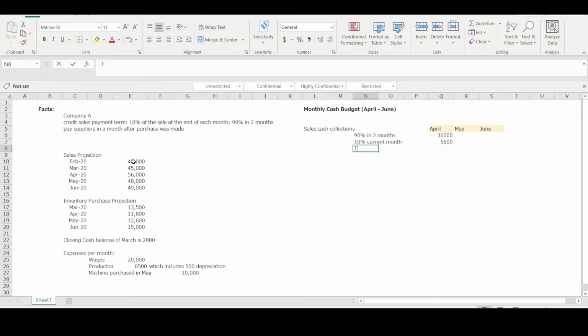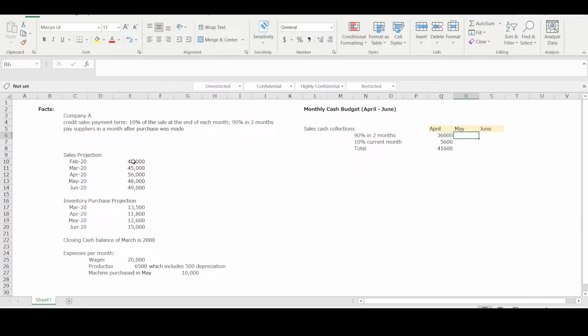So the total cash they're going to collect in April is this 5,600 plus 36,000. The total is 41,600. That's the total amount of cash they're going to collect in April: 2 parts, 10% current month sales, and 90% of the sales they made 2 months ago.